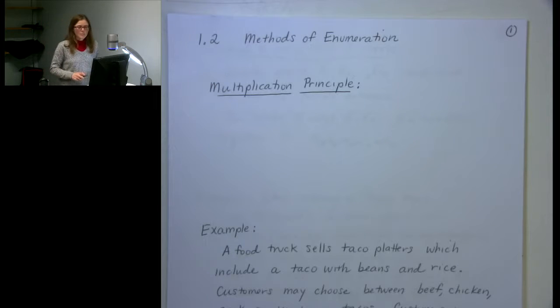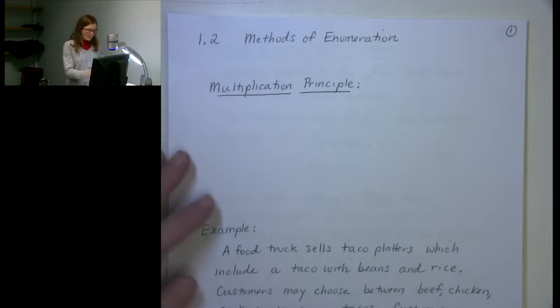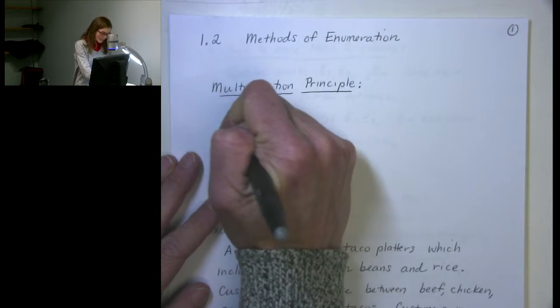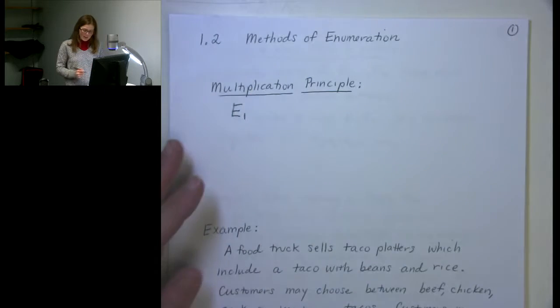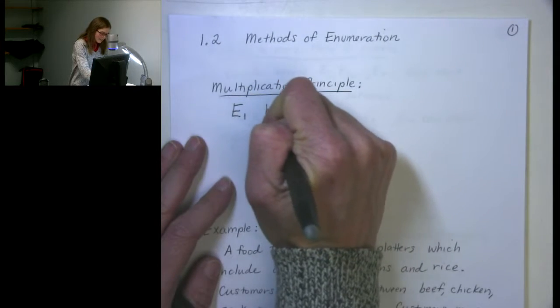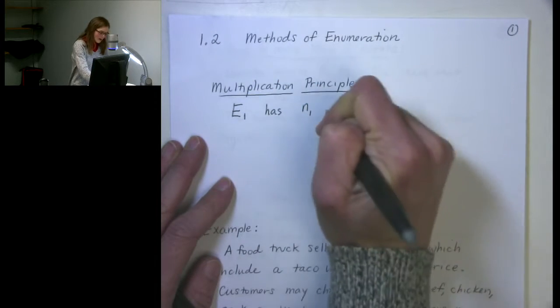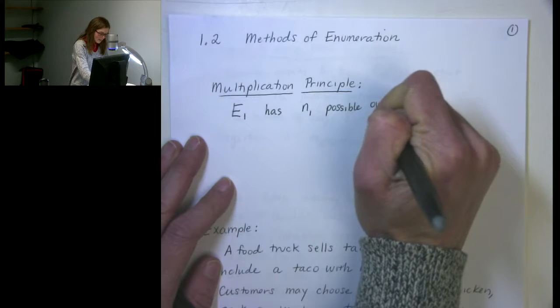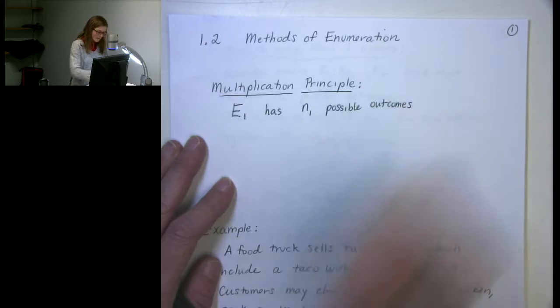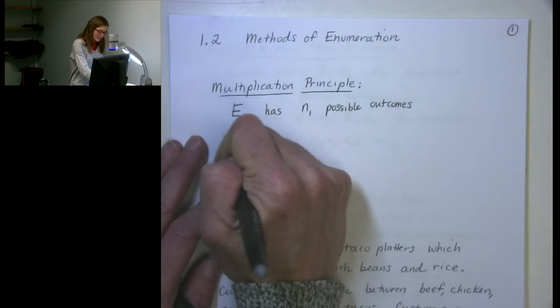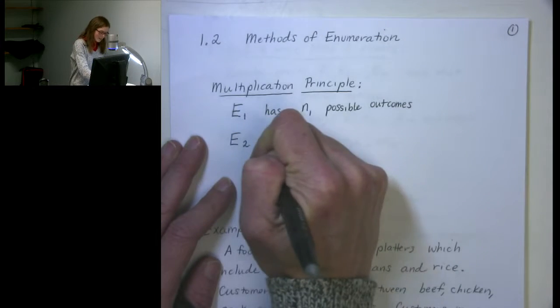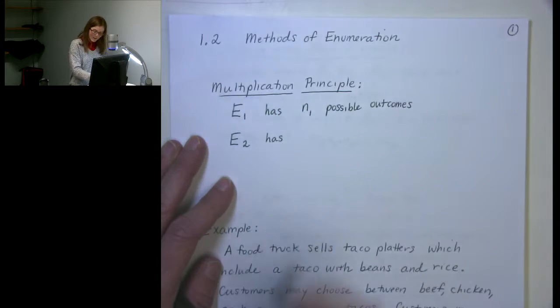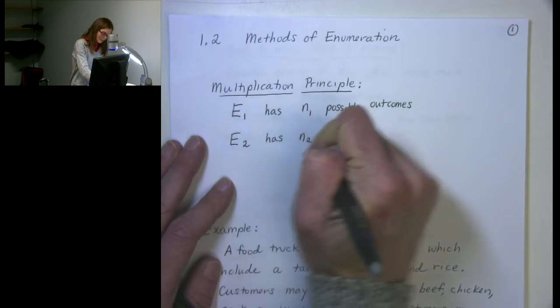The multiplication principle can be used to count the number of ways that multiple events could happen together. So, for instance, suppose that E1 is an event that has N1 possible outcomes, and another event, E2, is an event that has N sub 2 possible outcomes.